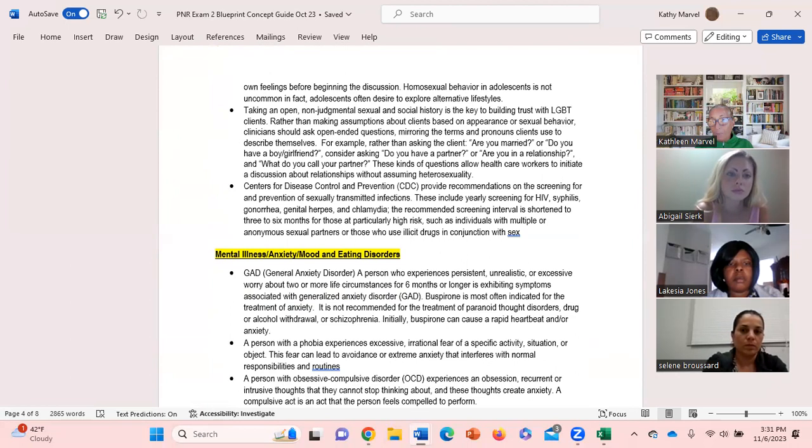I tutored one student, and I don't think she's in this class, but anyway, I asked her how she prepared for the exam, and she hadn't even looked at the study guide. So really, this is an important part of your preparation, this particular study guide.